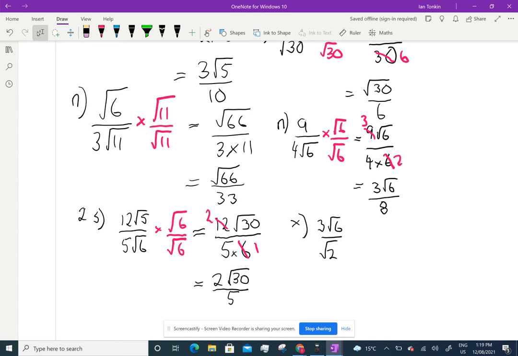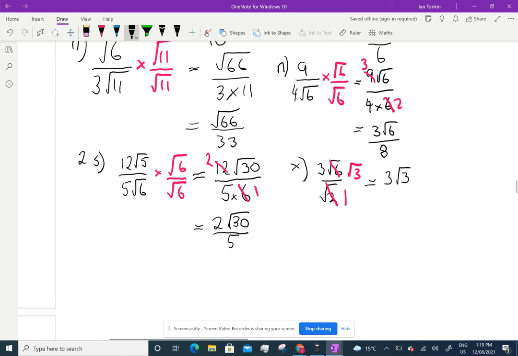I don't need to rationalise this, because I know that I can just cancel straight away, because root 2 goes into itself once and root 2 goes into root 6 root 3 times. So I get 3 root 3 on 1.